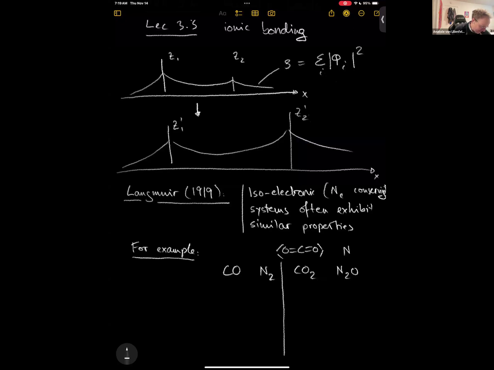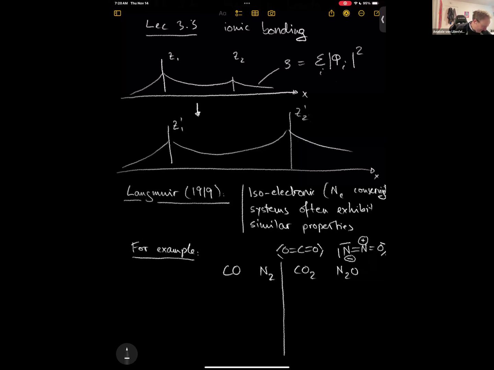If you change one oxygen to nitrogen, and at the same time this carbon to nitrogen as well, you have not introduced a formal total charge, and you could draw a Lewis structure formula like this, where the formal charges would be like that. Okay. So these are two isoelectronic molecules.